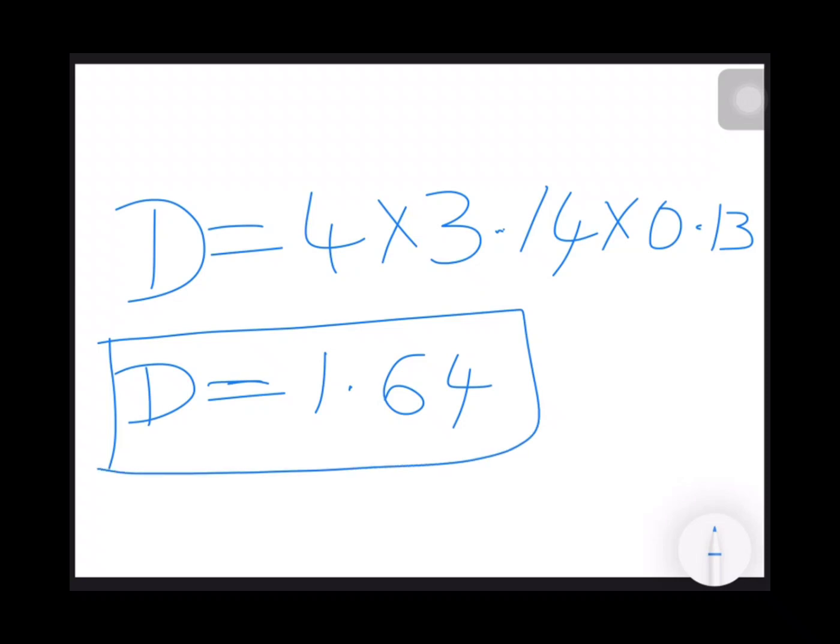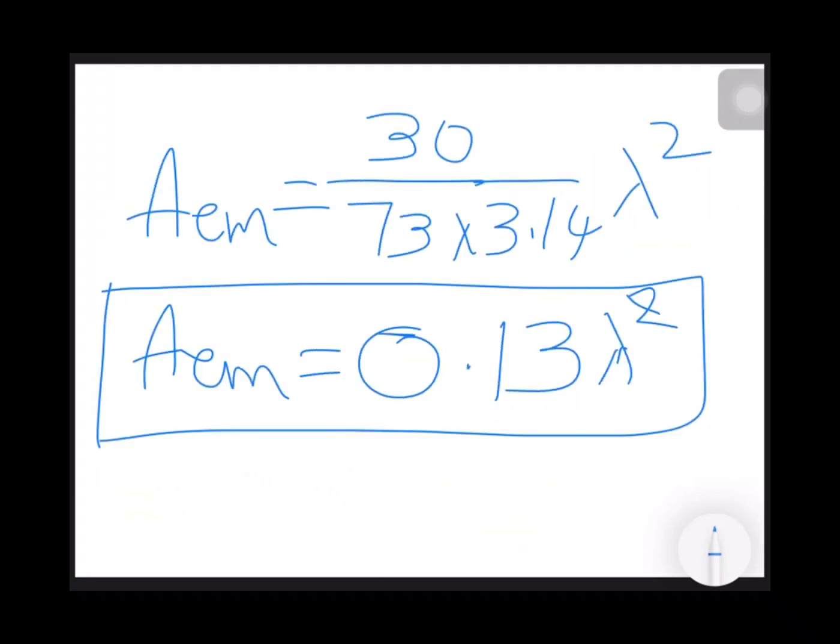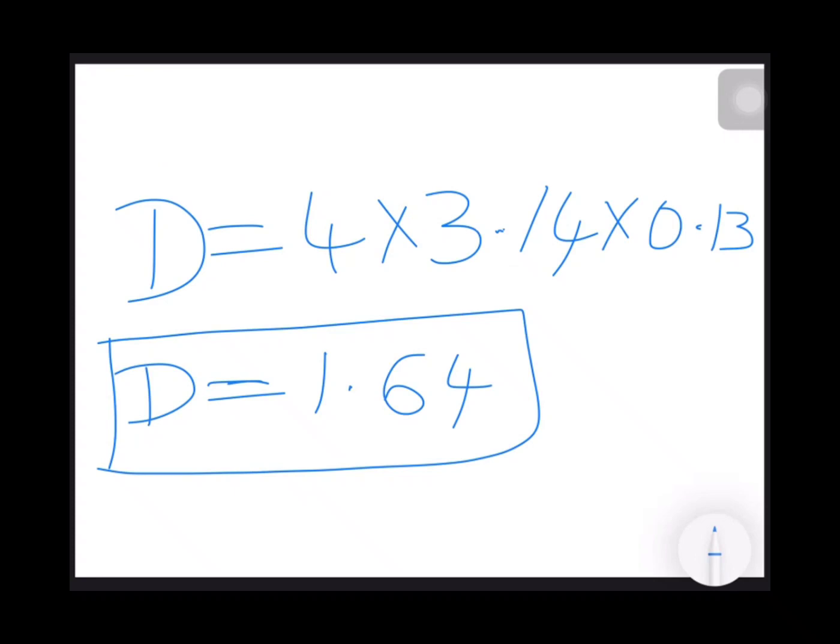So the directivity for a lambda by 2 antenna is 1.64. So finally we have arrived at the equation where the maximum effective aperture for a lambda by 2 antenna is 0.13 lambda square and directivity is 1.64.